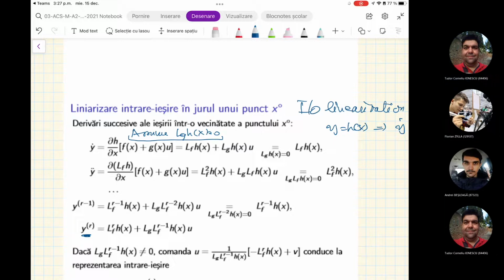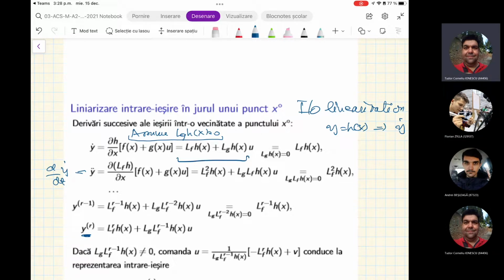Okay. Y dot. Now, y double dot is the derivative d/dt of this, so you have to take the derivative of this guy. This is d(L_f h) times x dot, so you have L_f^2 h plus L_g L_f h. But if this is 0, then this is 0, because you can also commute these things.